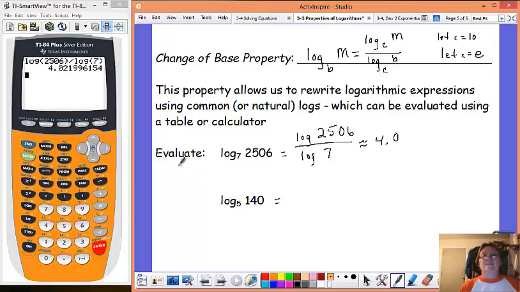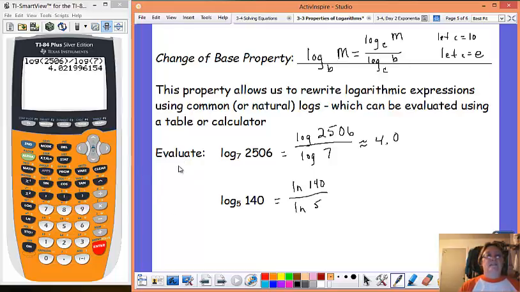Here's another one to try with that change of base property. Again, it's up to you what you choose as your new base. So let's work this one with natural logs. So e would be the base. We don't normally write that, but it'd be the natural log of 140 divided by the natural log of 5.